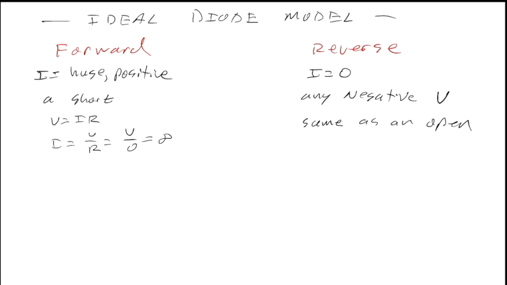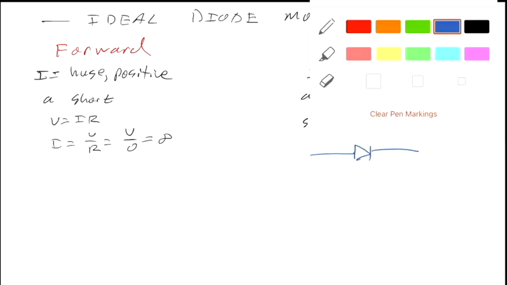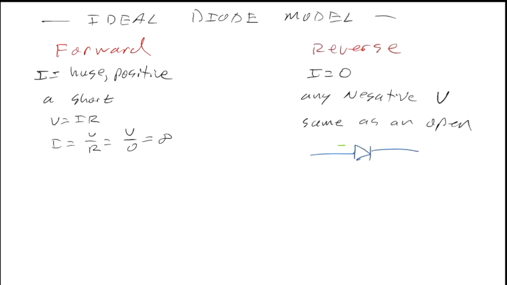So if we've got a diode which is reverse biased, so we've got a higher voltage on the cathode than we have on the anode, then we can replace it with an open circuit, right?